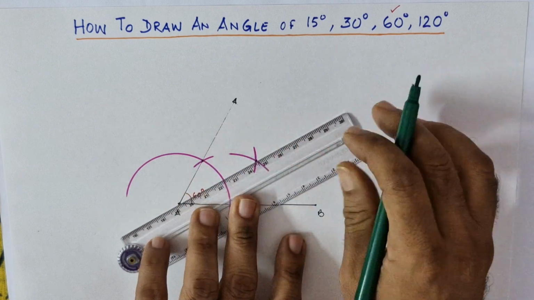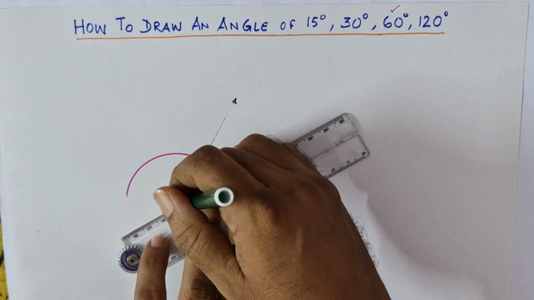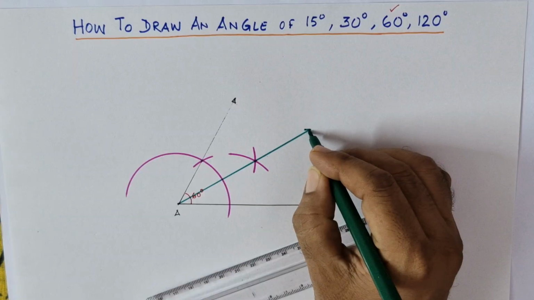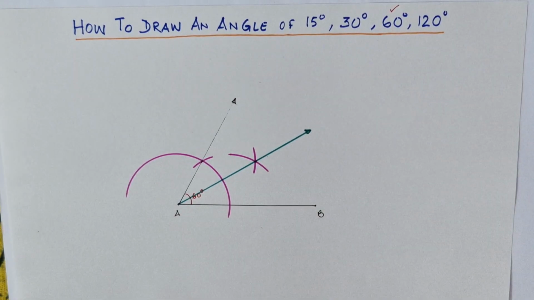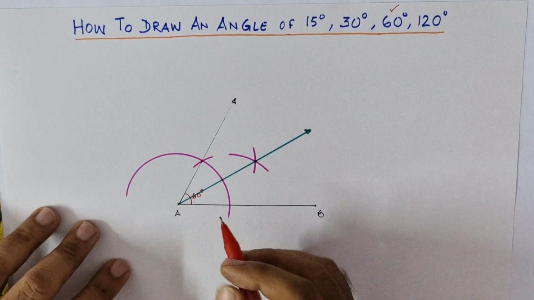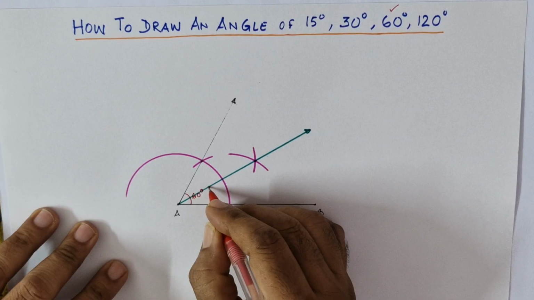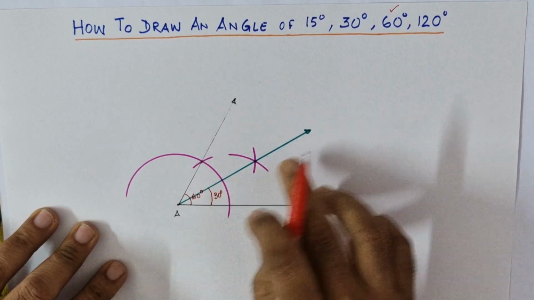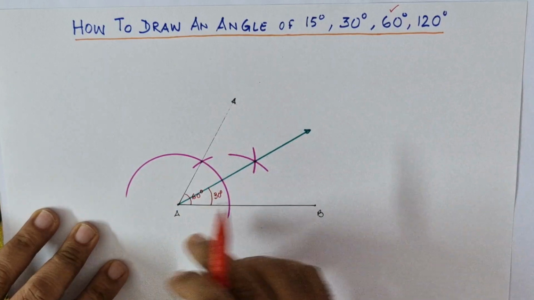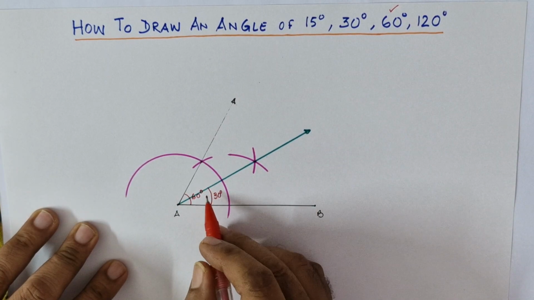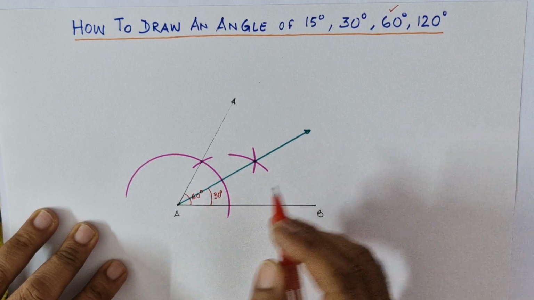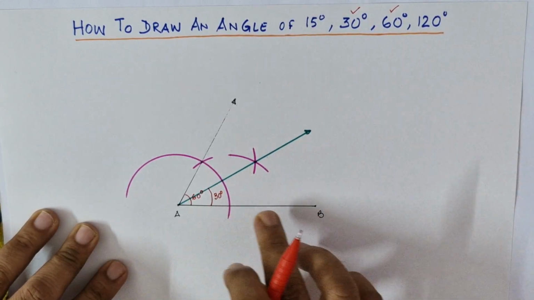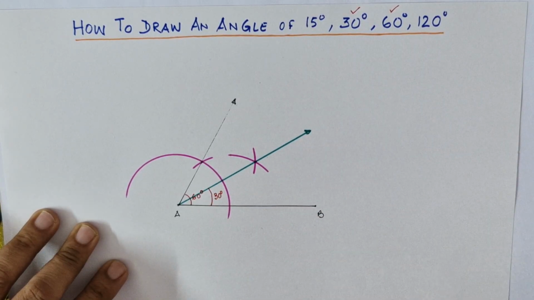So we will get this one as 30 degree because we have done an angle bisector of 60. So obviously 60 will be divided into 30. So you'll get 30. So we got 30. Now if you again bisect this angle, you will get 15.